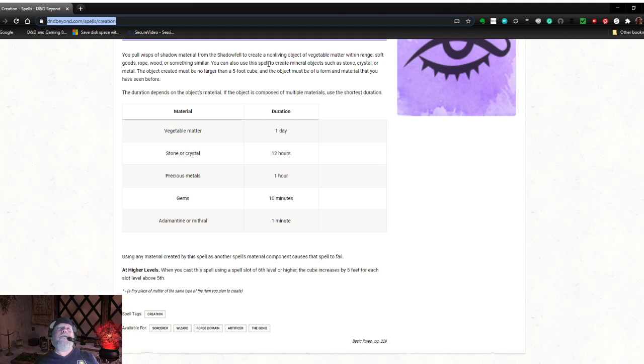You could create up to 5 cubic feet of gold pieces and give it to the person, conduct a transaction, step around the corner, and then use a teleport to go to a different plane or get to another part of the same plane very quickly. And then within the hour, the gold that you just gave, whoop, vanishes.